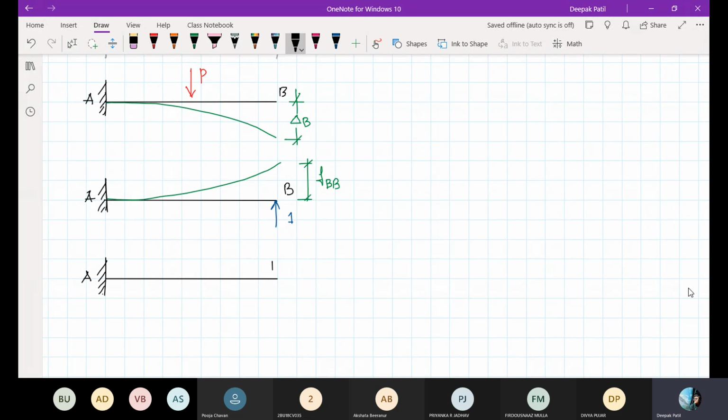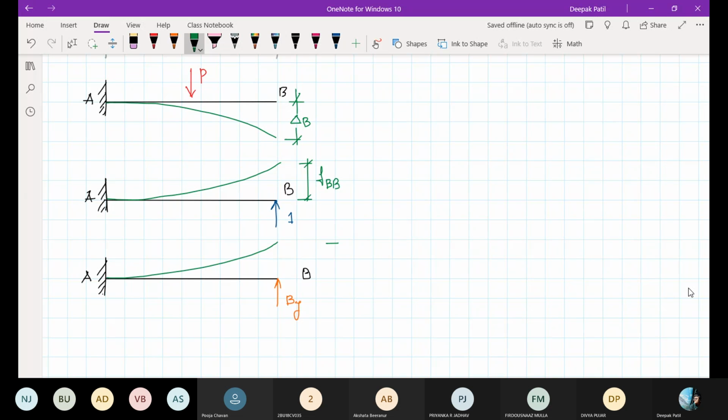Now instead of the unit load at B, let me apply a load By at B. So how will the beam deflect? The beam will deflect like this.